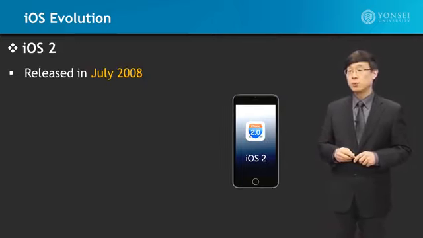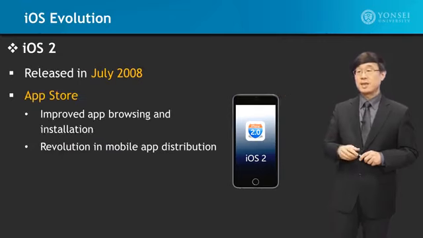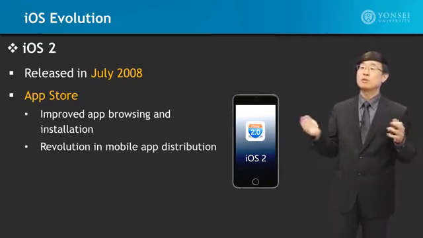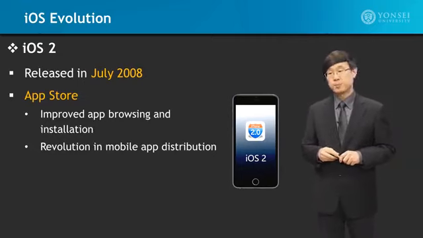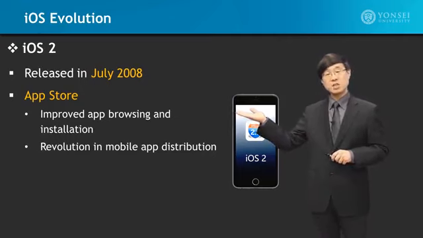In iOS 2, which was released in July of 2008, the App Store became available. This is a true revolution in mobile app distribution. Improved app browsing and installation became possible.